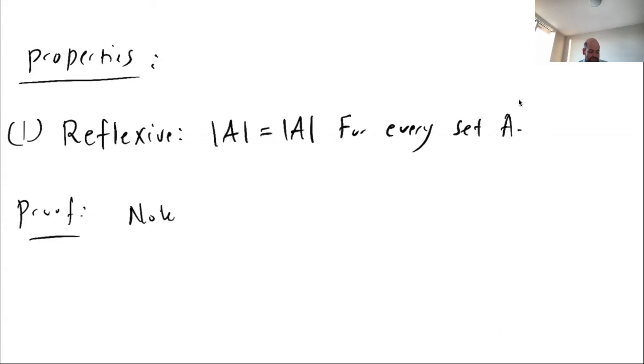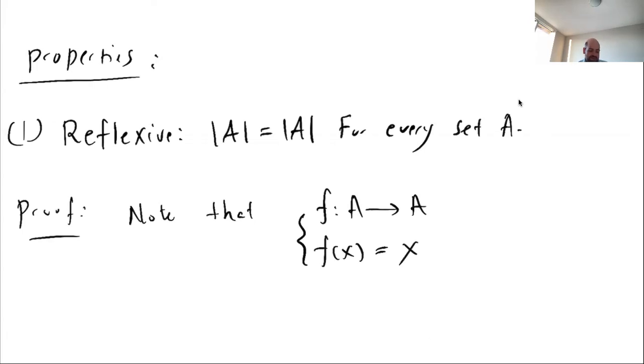note that f from A to A, f of x equals, how would you define a bijection between a set and itself? The easiest type of bijection we can define is the identity function. f of x equals x is a bijection between a set A and itself.